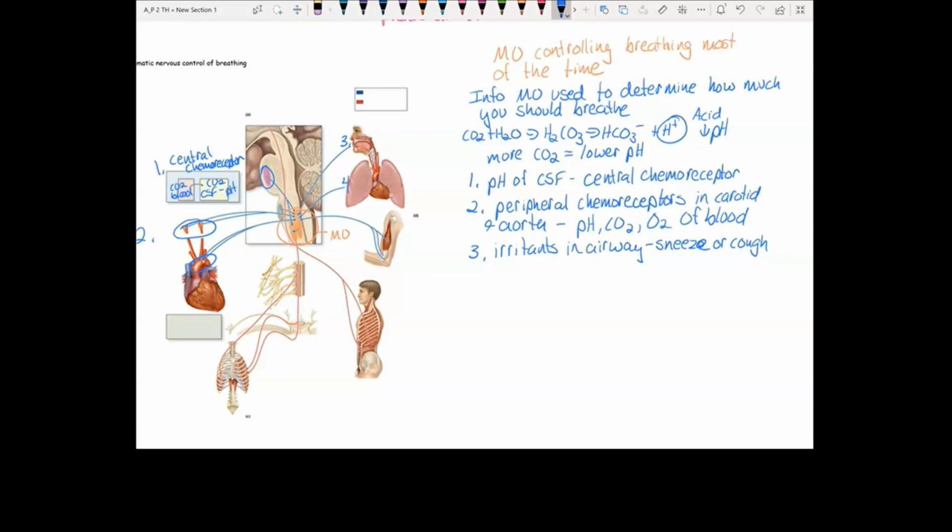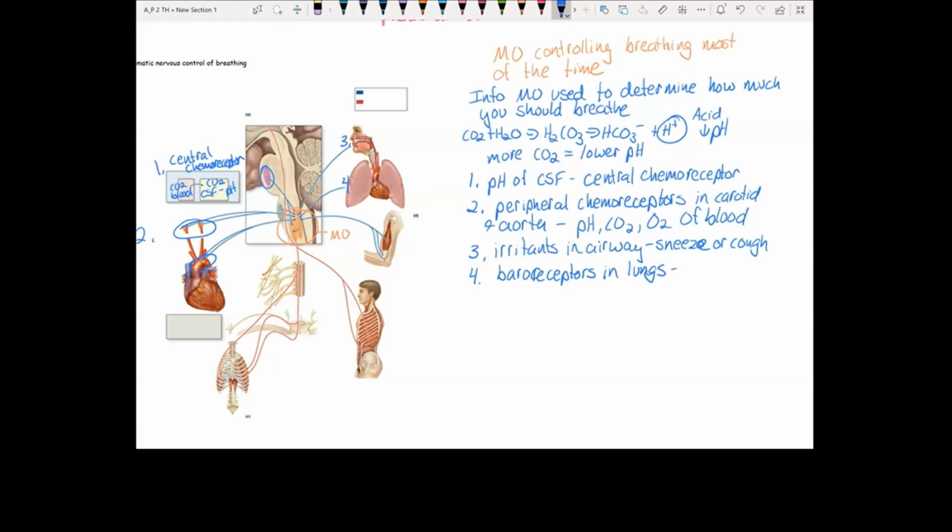Okay. The fourth one is here. This is baroreceptors in your lungs. Okay, think back to chapter 16. We talked about baroreceptors. Also in chapter 20, they detect stretch.